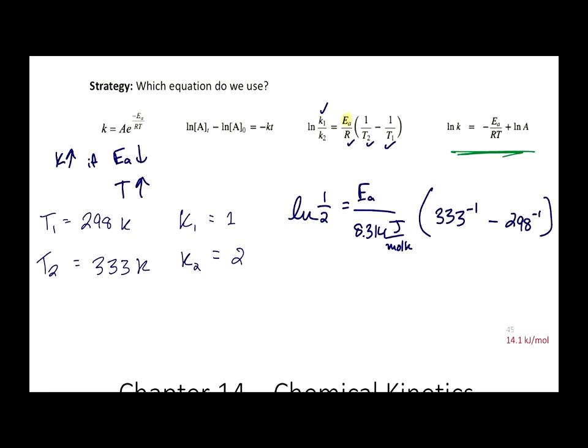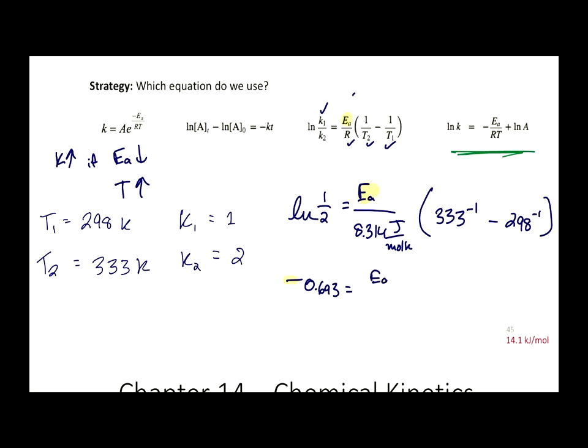You are given this equation on the exam. So we just solve for this. Natural log of a half is negative 0.693 equals EA over 8.314 times 333 to the negative 1 minus 298 to the negative 1.